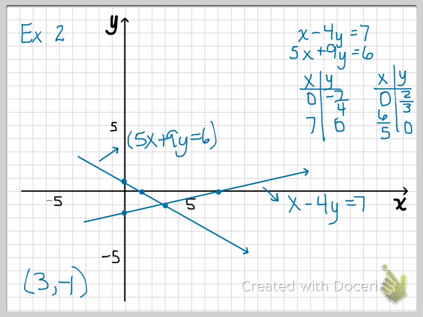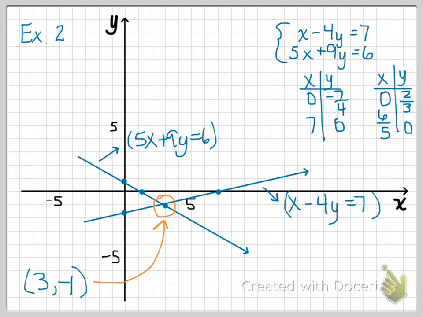And this is the system. And so I've graphed the x and y intercepts here and drawn the line. And then I graphed the x and y intercepts for the other equation and drew the line. And they intersect right here at our solution 3, -1.